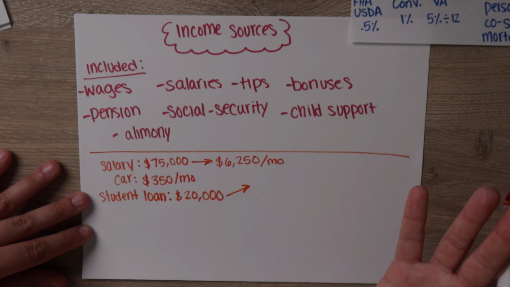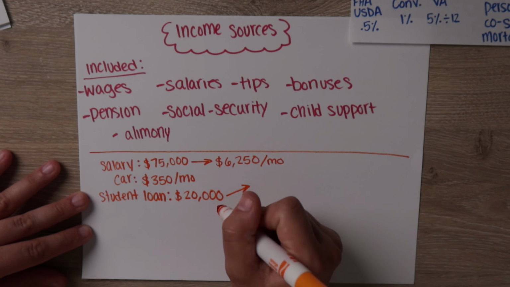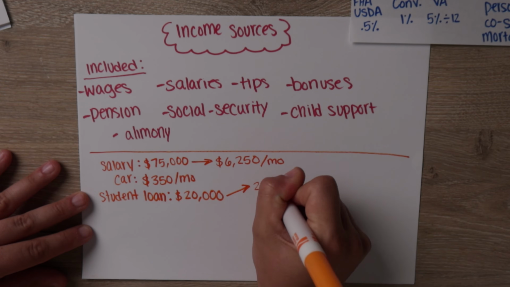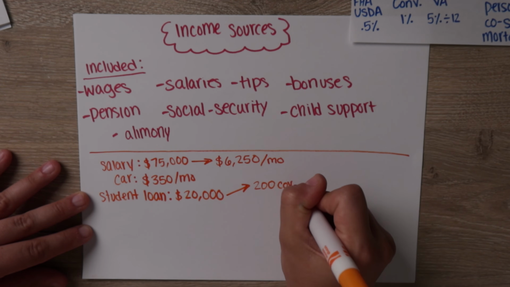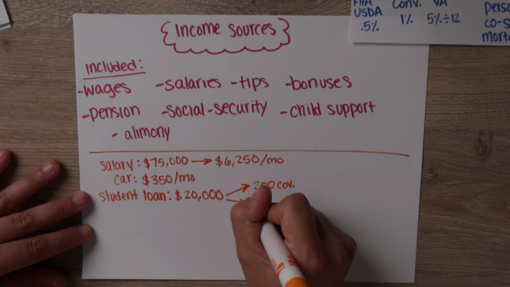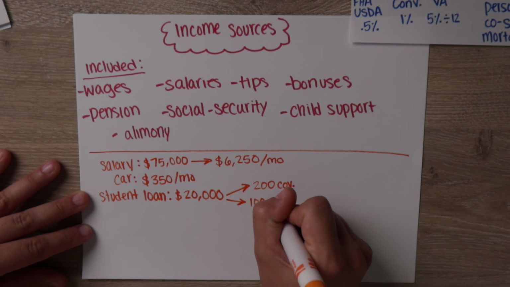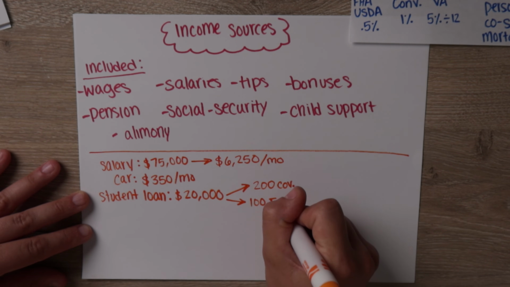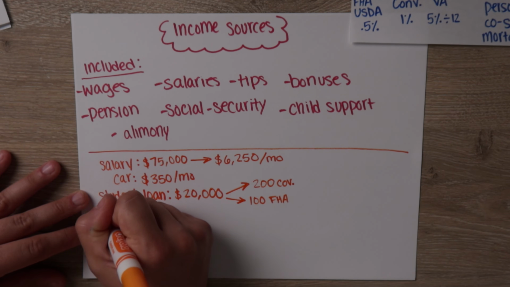Let's say I don't. Let's say I'm in deferment. I haven't started paying on these yet. I would go ahead and take a $200 payment for a conventional loan. If I was trying to pursue FHA or USDA, that would be a $100 payment because it would be 0.5%.